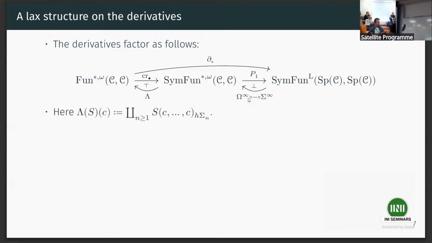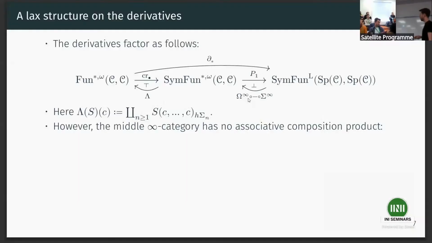This lambda here, this actually has a very explicit and quite simple formula. So you have some functor symmetric sequence, you want to get an actual functor out of it. So what do you do? Well, you take an object, you just plug it in every variable. You have this symmetry, so you mod that out, and it gives you a functor. And this turns out to be left adjoint to these cross effects.